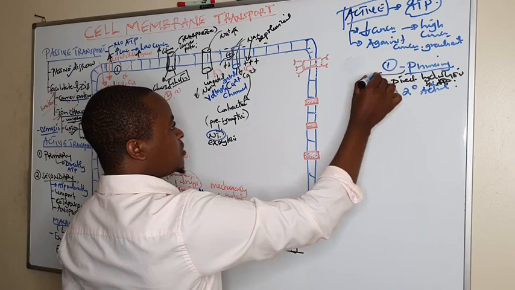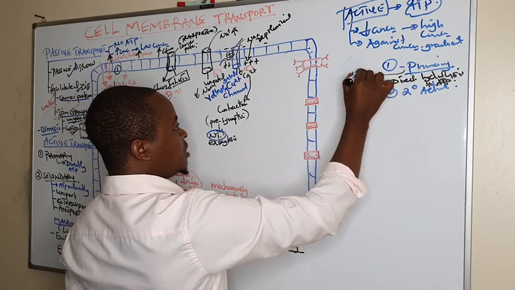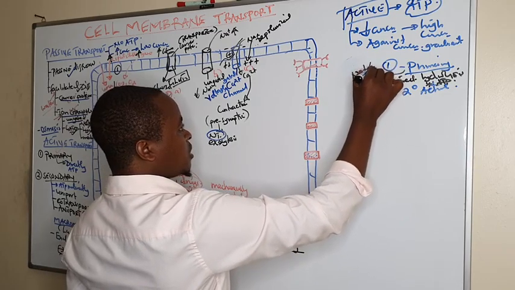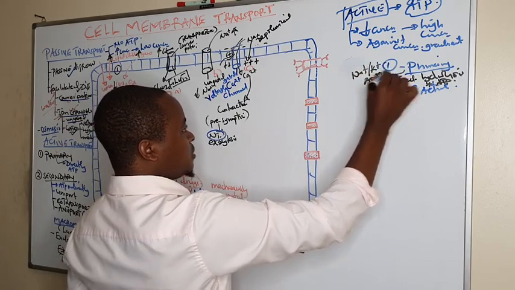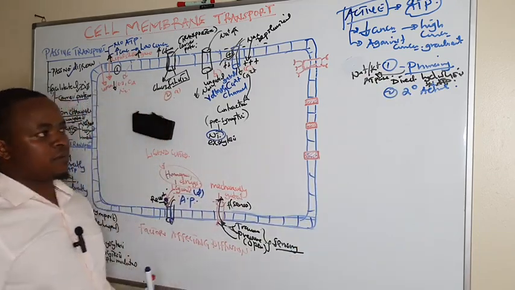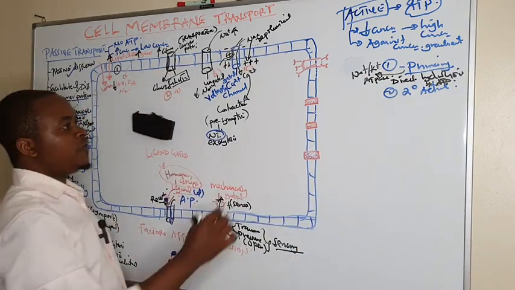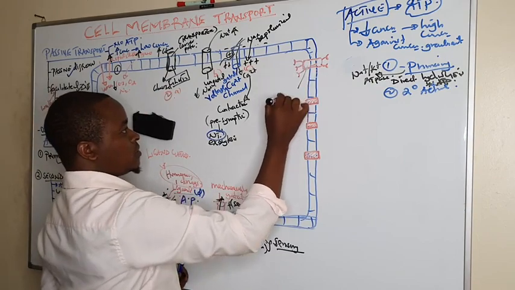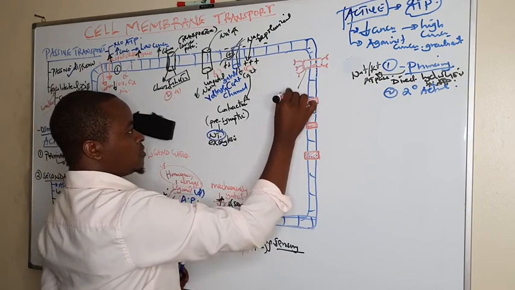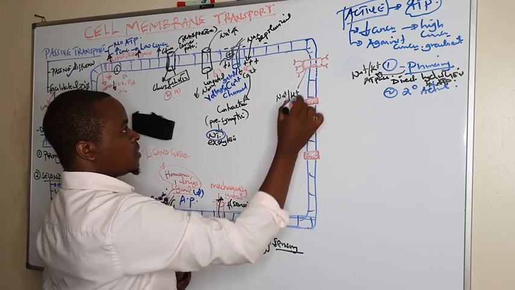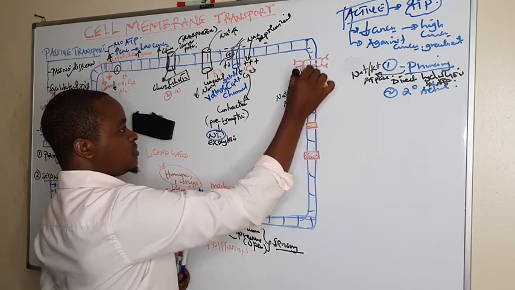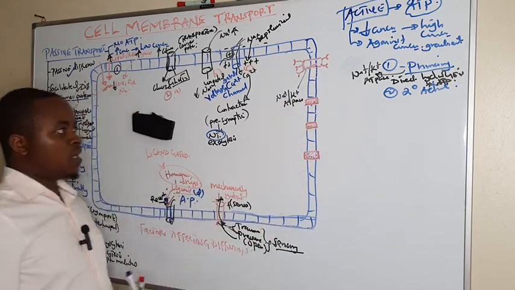And examples, we are going to see the sodium-potassium ATPase is one of them, whereby if this is the sodium-potassium ATPase pump, these are carrier proteins which we are going to use.